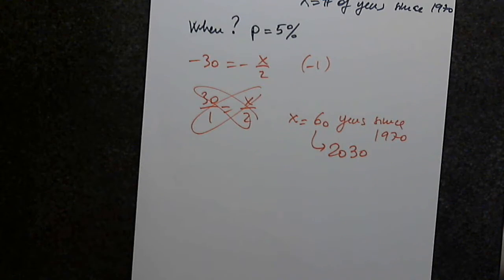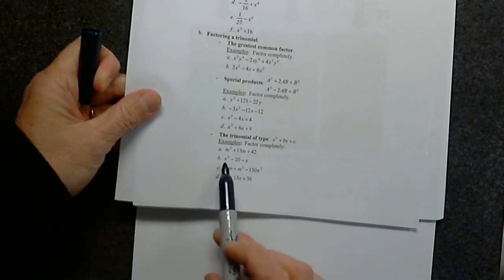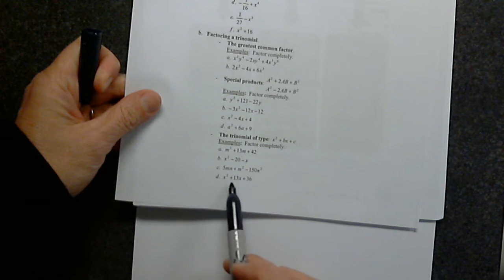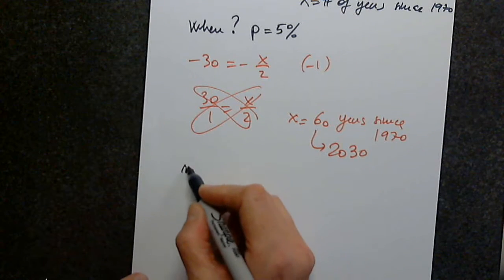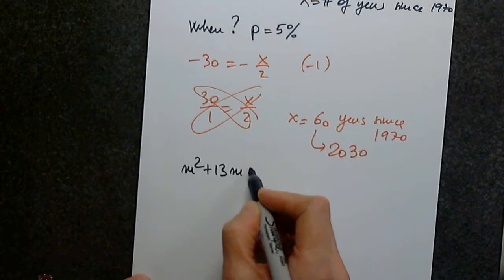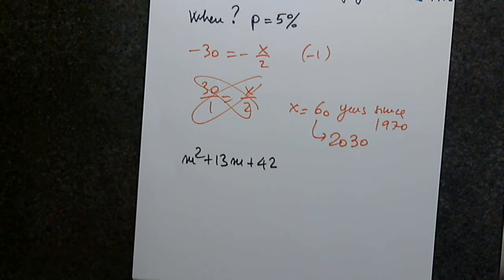So I'm back to this page, choosing something else from here. I think we did this problem, just this one. So let's do the first one, m squared plus 13m plus 42. So I have to go through all those 4 steps.